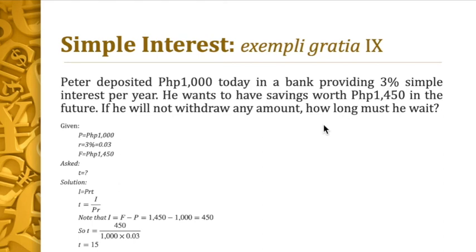But what if this is 1 million? You will have 450,000 interest. What if it is 1 billion? What if it is 1 trillion? The bigger your principal, the bigger your present value, the bigger the interest you will earn. So don't think that this is too small, because your principal is also small.